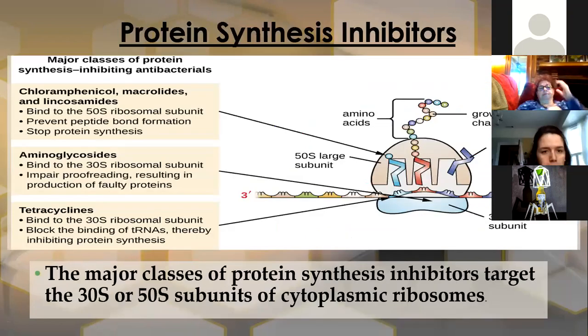Now this group of antibiotics works on protein synthesis. They inhibit the protein synthesis mechanism of bacteria. Chloramphenicol, macrolides, and lincosamides bind to the 50S ribosomal subunit, prevent peptide bond formation, and stop protein synthesis.